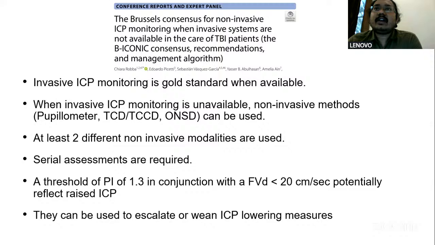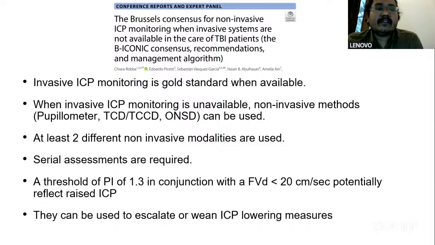So we all were wondering, including myself, what if invasive ICP monitoring is not there? What would we do? Then a beautiful set of guidelines came, and the gist of the guidelines is that, as of now as well, invasive ICP monitoring is the gold standard.